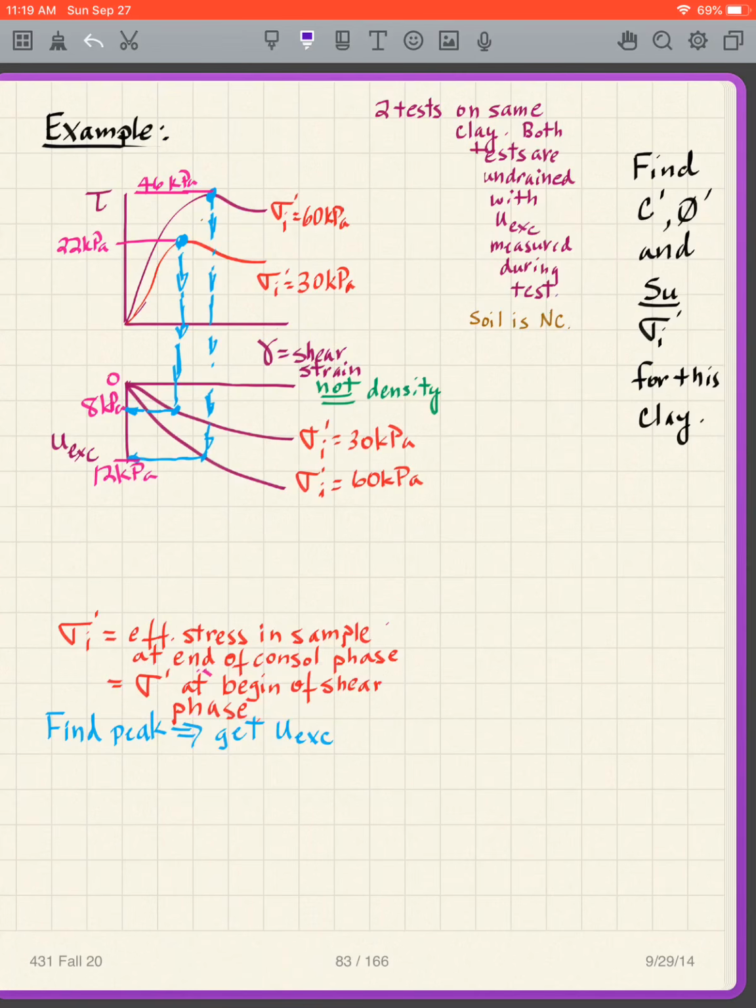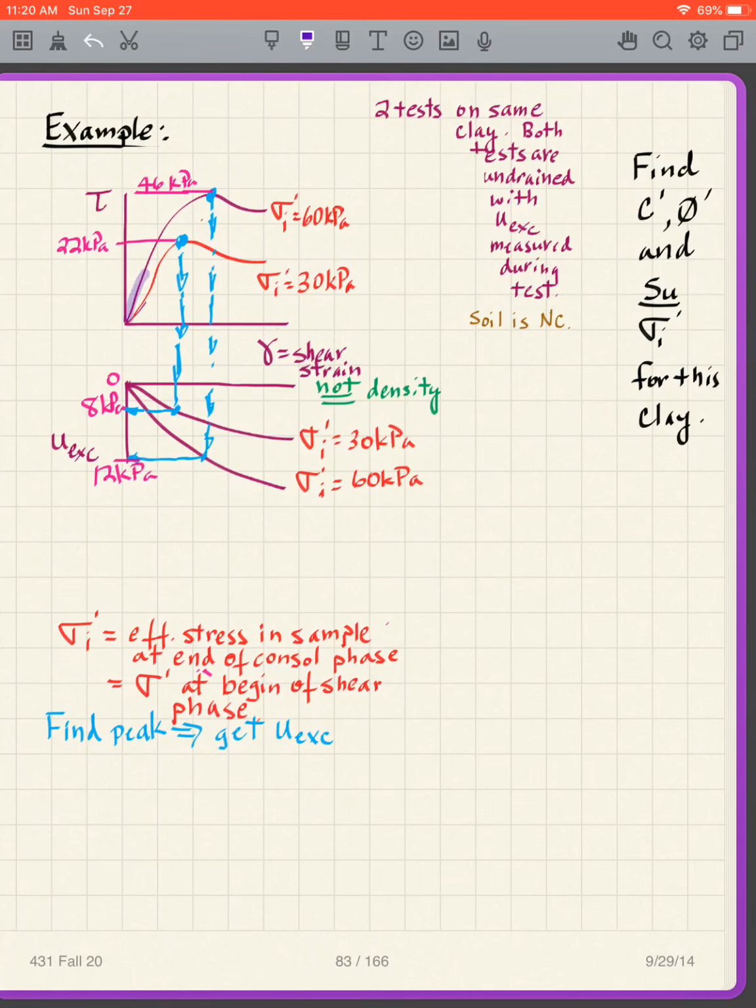Okay, so what we're going to do is find the peak on the curve and get the u excess at that peak. So I'm sort of giving it to you, but notice the way these curves work. This one is at 30 kilopascals, this one's at 30 kilopascals. So in other words, this curve here goes together with that curve there. We don't want to get confused or mix these up.